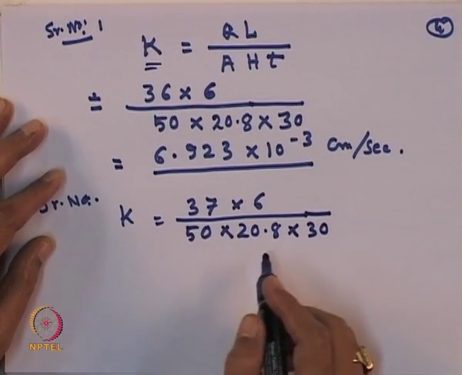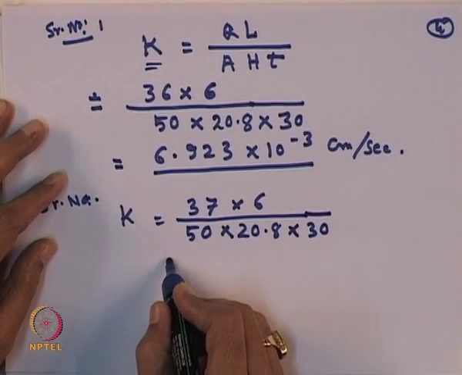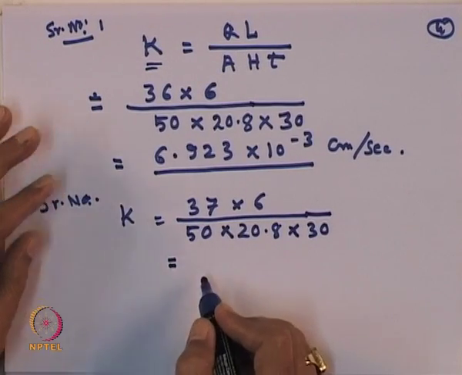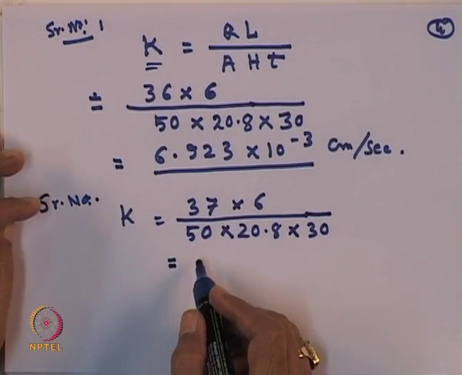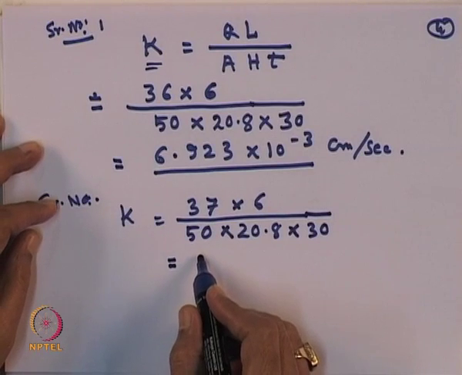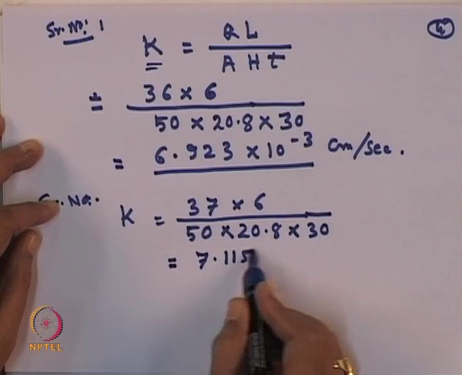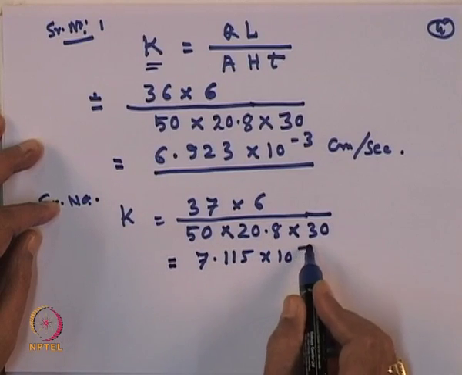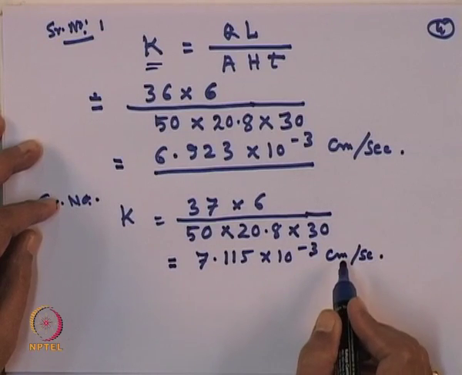So, if you calculate this, the value is equal to 7.115 into 10 to the power minus 3 centimeter per second.